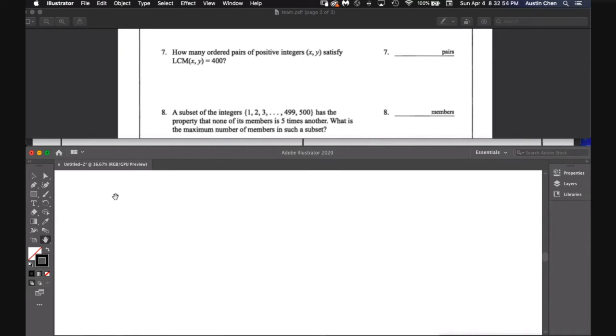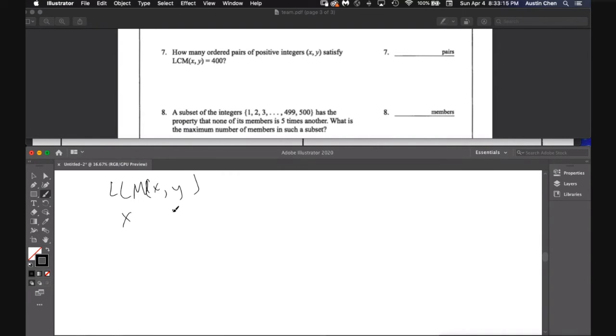Well, let's say we have least common multiple of x, y, right? I think we talked about this multiple times in the past, but I will just quickly say it again.